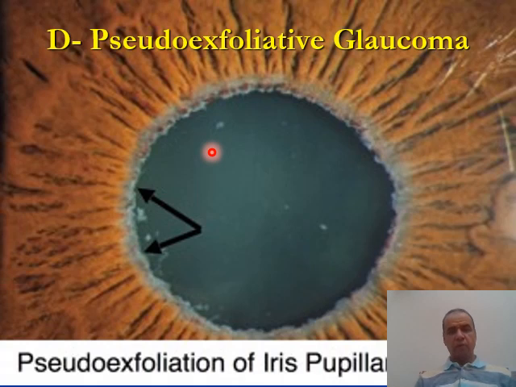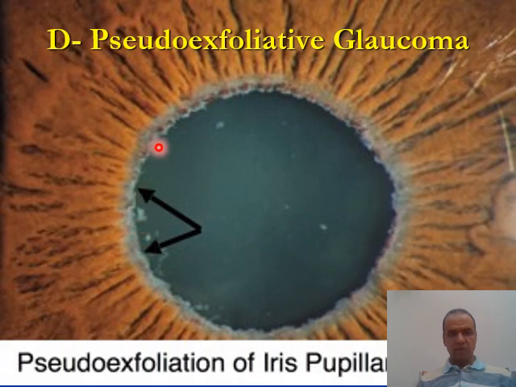The fourth cause of secondary glaucoma is pseudoexfoliative glaucoma. This is a common type of secondary glaucoma and occurs in association with pseudoexfoliative syndrome. Pseudoexfoliative syndrome is a systemic syndrome involving all organs of the body, including the eyeball, specifically the anterior capsule of the lens, and there is release of dandruff-like material from the anterior capsule.